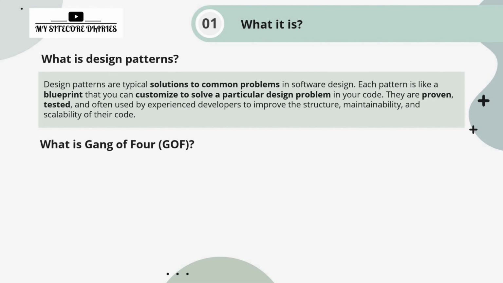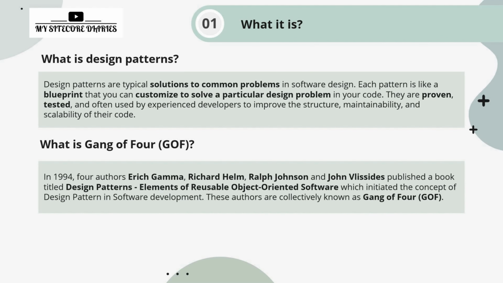So there is a terminology called GOF, Gang of Four. So what is that? In 1994, four authors, Erich Gamma, Richard Helm, Ralph Johnson, and John Vlissides, published a book titled Design Patterns: Elements of Reusable Object-Oriented Software, which initiated the concept of design pattern.